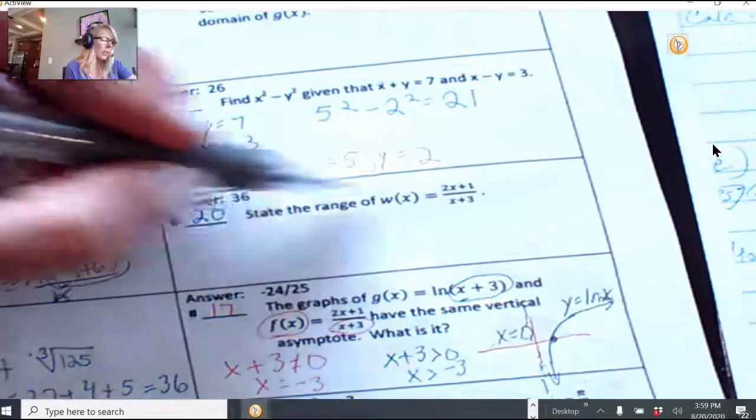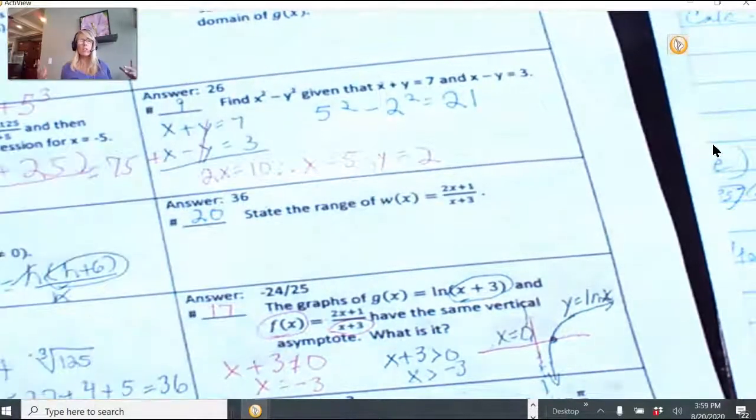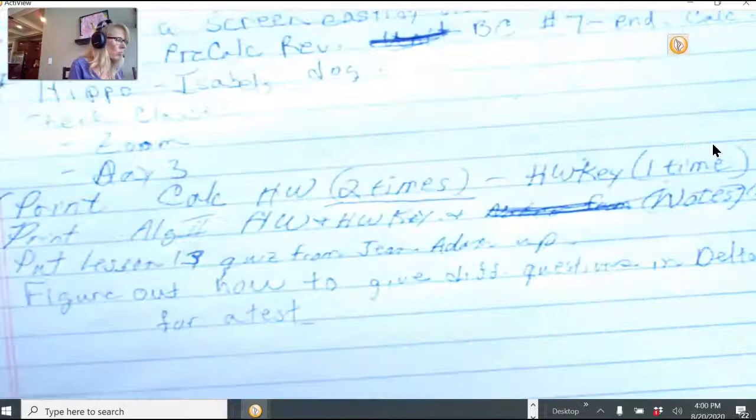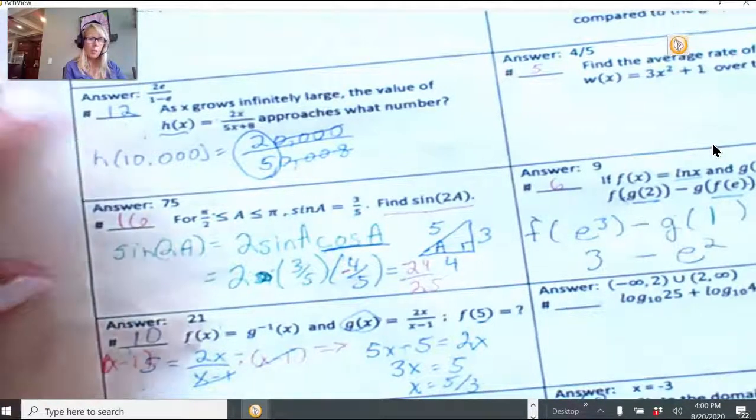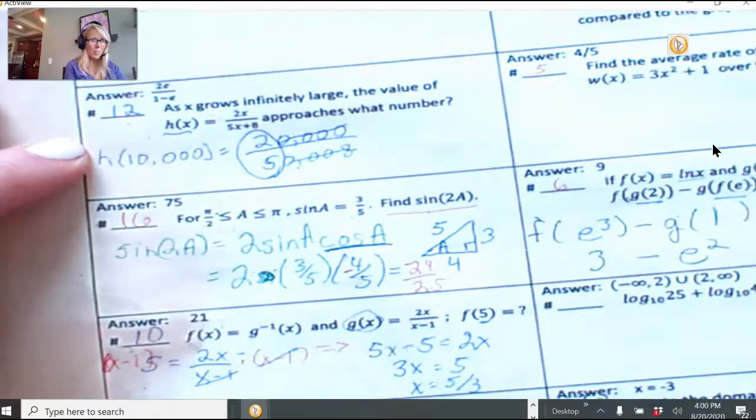It says state the range. And again, range has to do with, is there an asymptote? Just like domain has to do with, is there a vertical asymptote? Range has to do with, is there a horizontal asymptote? And remember back when we did this one? It's the same process.